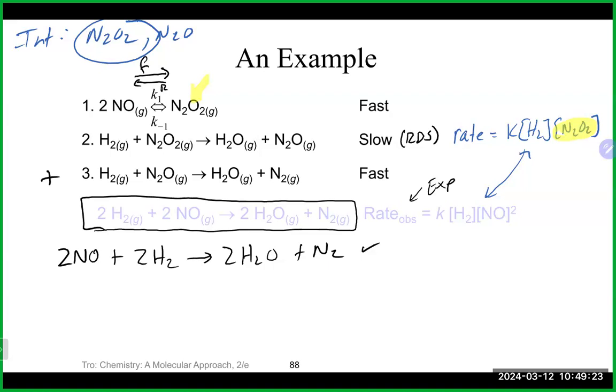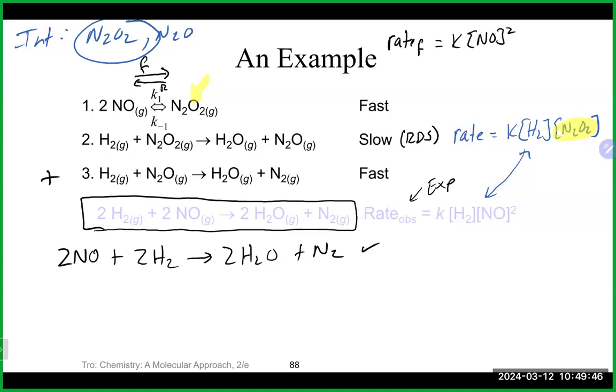Eventually, this will reach chemical equilibrium, which means that the rates at which they're going back and forth will equal each other. So we could write two rate laws for the first step because it is a reversible reaction. We could write a rate law going in the forward direction. I'll just put an F there, going from reactants to products, which would be k times NO squared.